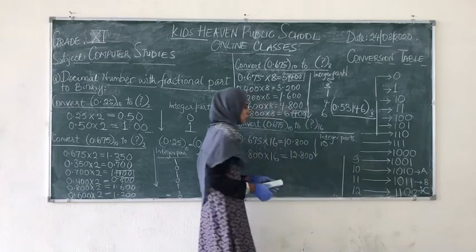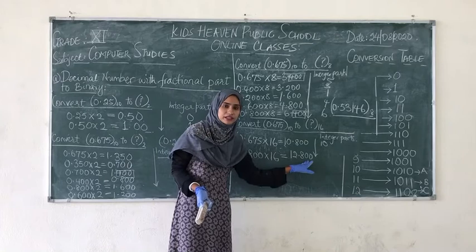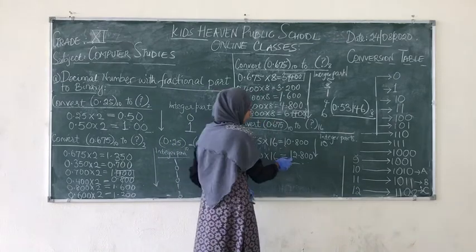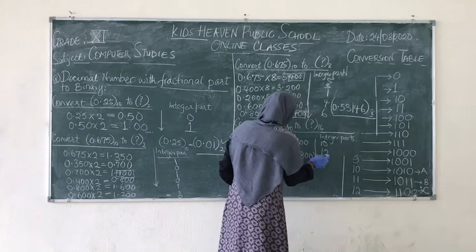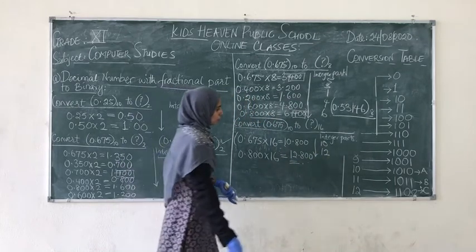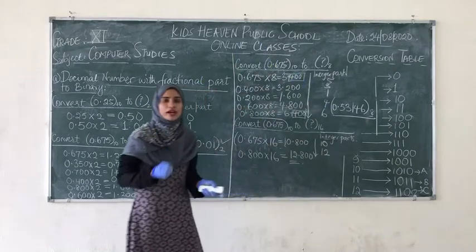12.800. We can see in the second multiplication the fractional part has been repeated. Therefore, we can now stop the multiplication. Pick what your integer part here is. Now we have received an answer of 10 and 12.